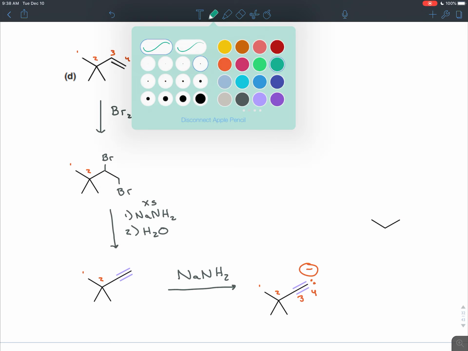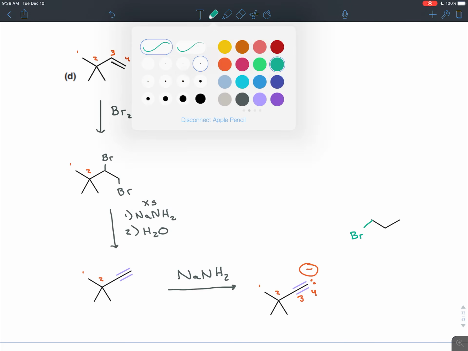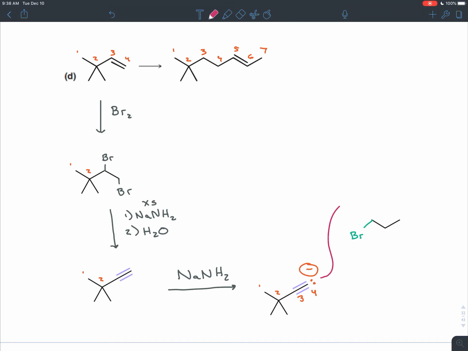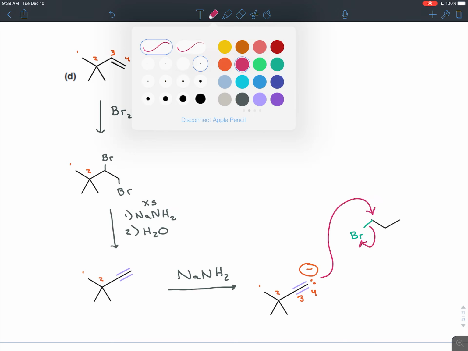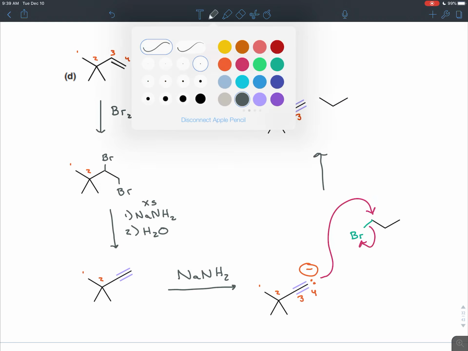So if we have an alkyl halide on carbon number 5, we can do an SN2 reaction, and we would attach this carbon chain to this carbon chain. So we'd have those 3 carbons there attaching.